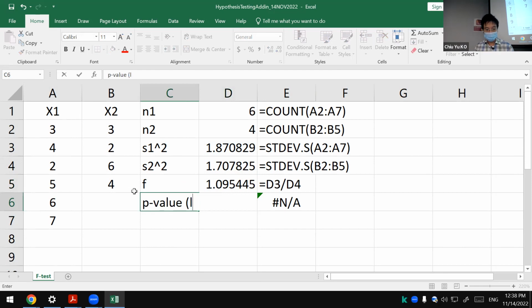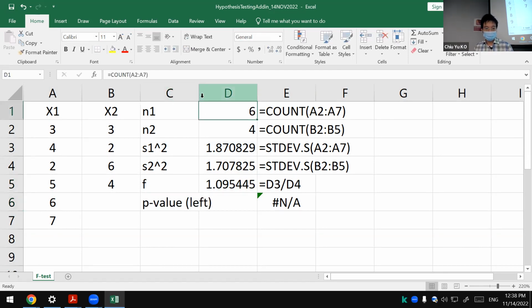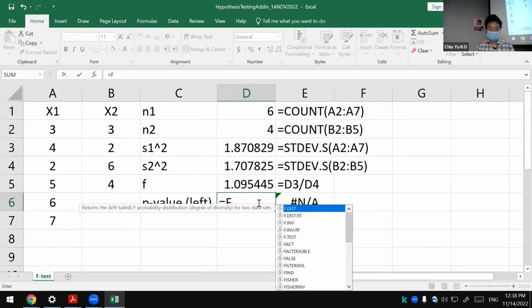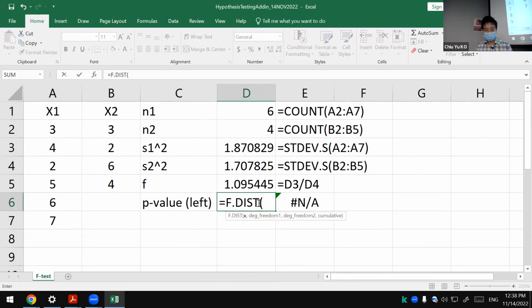P-value, left. The left is very simple: take this F value, then N1 minus 1, then N2 minus 1, and then TRUE.